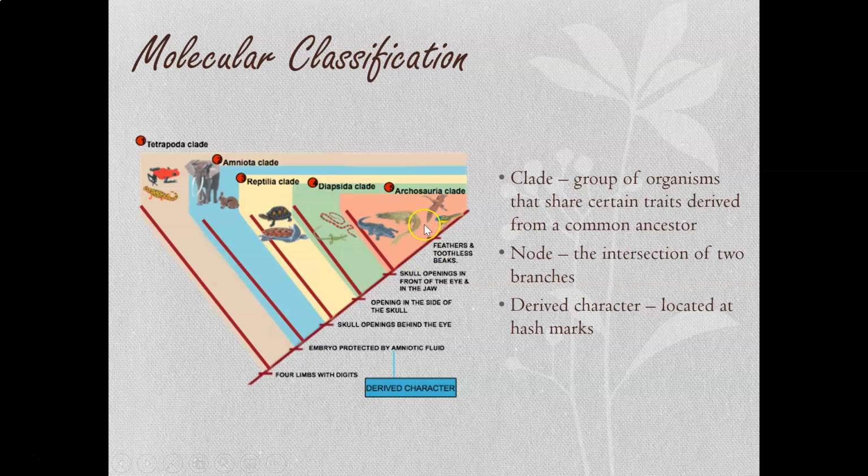And now those traits are only connected to that smallest set of organisms. So each of these branch points or these intersections are where that common ancestry exists. We call those the nodes. And then the derived characters are the ones that are here at the hash marks. And again, these can be physical characteristics like you see here, the forelimbs, the embryo, the skulls, or this can be just numbers of differences in their molecular sequences, whether that's DNA sequence, RNA sequence, or protein sequence.